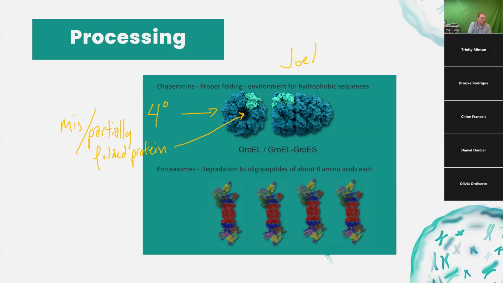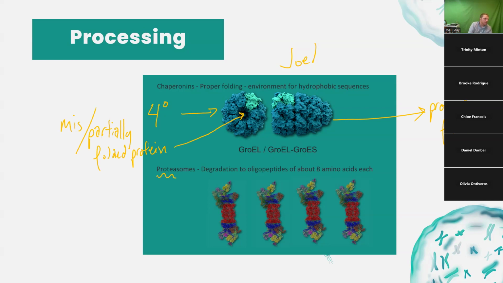So misfolded or partially folded protein goes in, and a properly folded protein goes out. Now, do all proteins need to go through this GroEL-GroES complex? No, they don't. Some do, but not all of them. So proteins can be processed if they are misfolded or partially folded with the support of a chaperone.